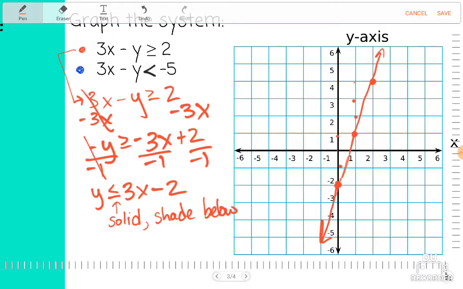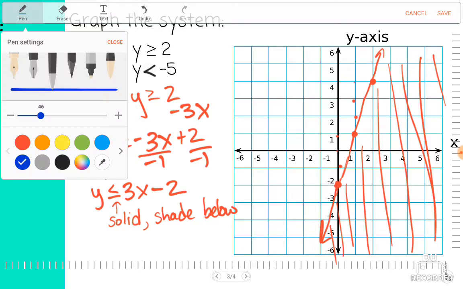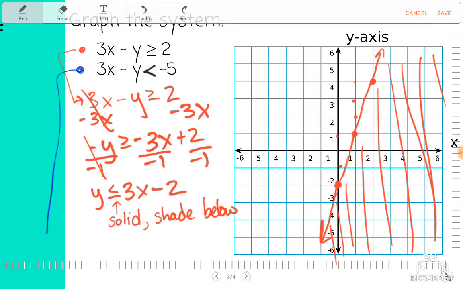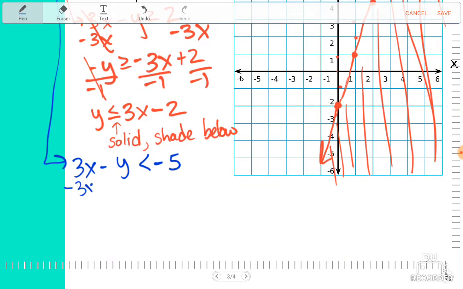Oh, and shade below, so it's the y values below the equation. Looking at the blue line now. Again, I'm going to have to rewrite this. So I subtract 3x from both sides.